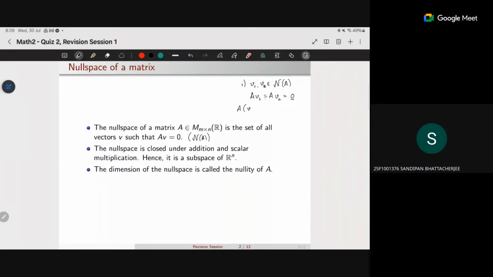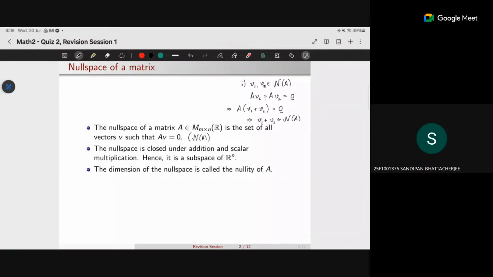Consequently, we'll have A of V1 plus V2, just by distributivity, this will also be 0, which is the same as saying V1 plus V2 is in the null space. Similarly, you can do the scalar multiplication also. Closure under scalar multiplication as well. So this happens to be a subspace.